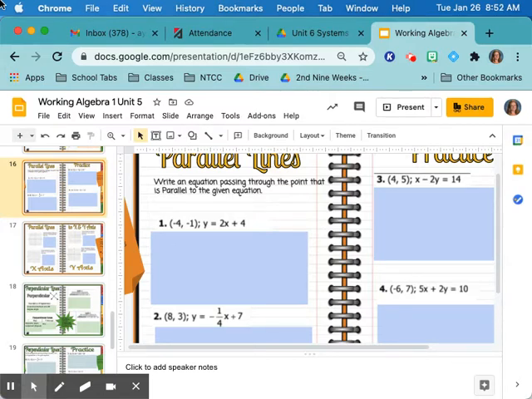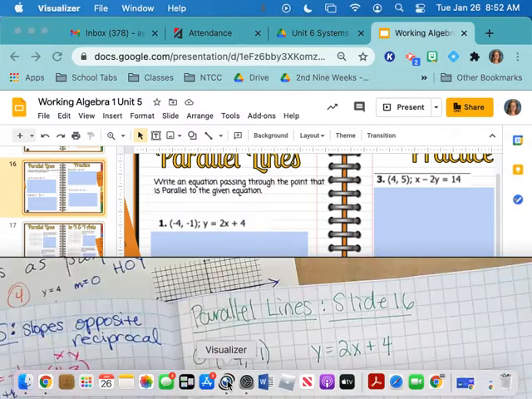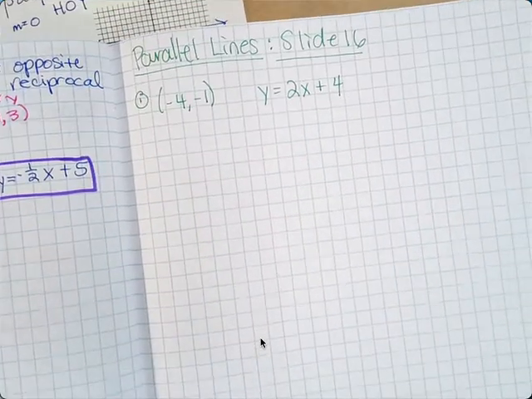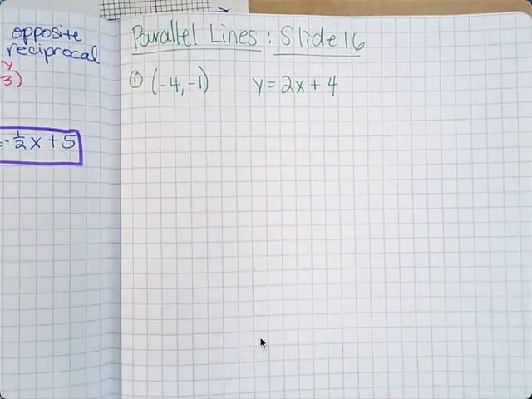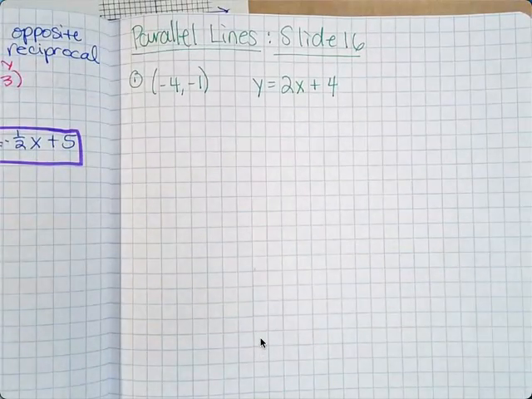Parallel lines, slide 16. So the first one is -4, -1. I'm just writing this down, and I'll show you mine in just a second.